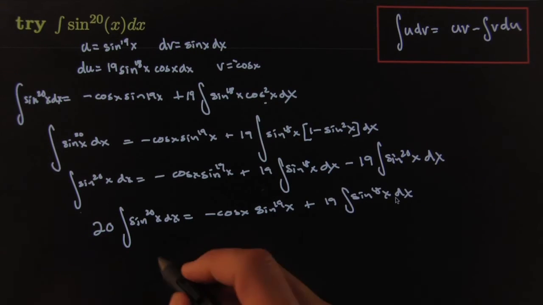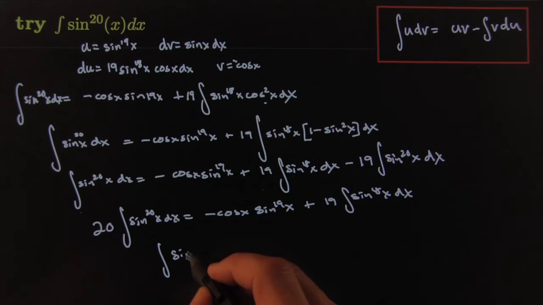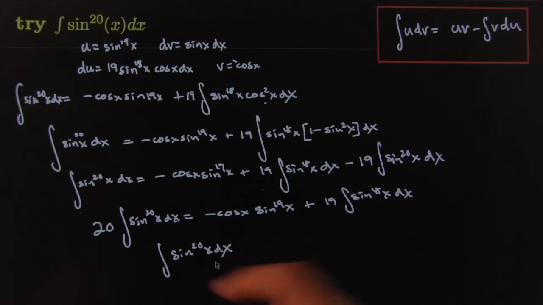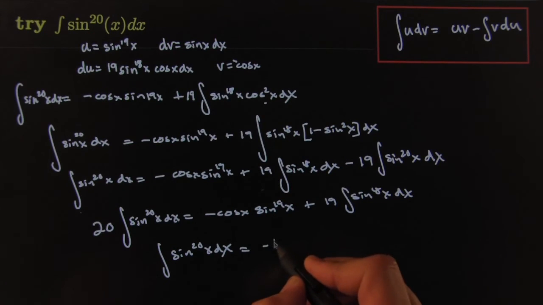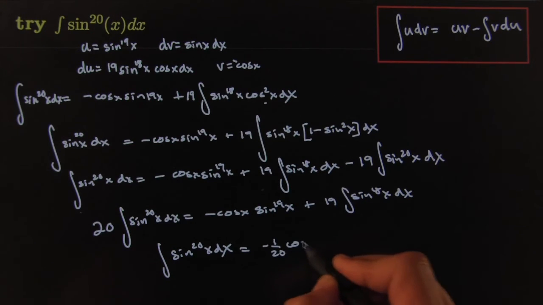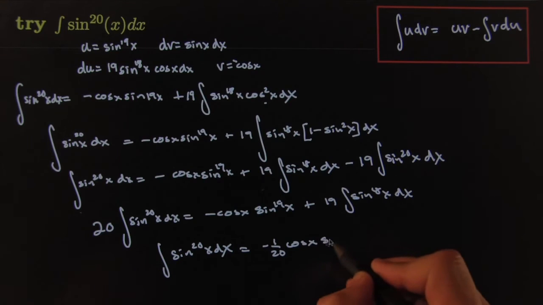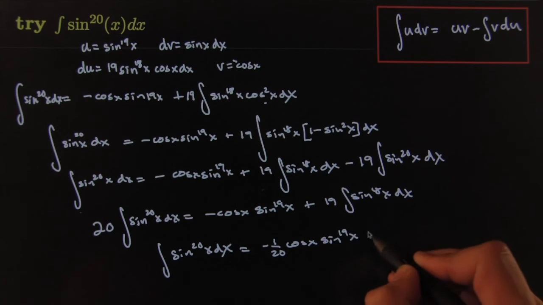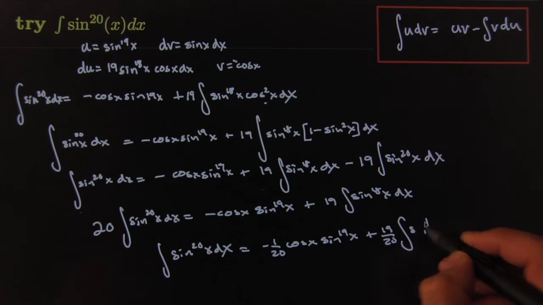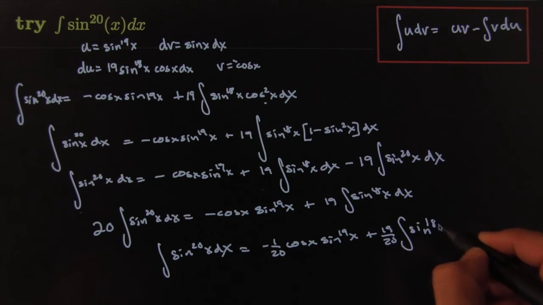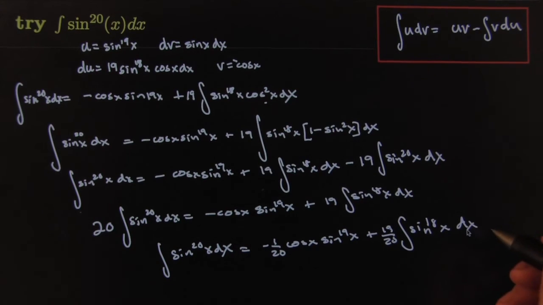Slap a 1 over 20 on both sides, and I get that the integral of sine to the 20th x dx, which is the one I sought from the beginning, is equal to negative 1 over 20 cosine of x sine to the 19th of x plus 19 over 20 integral of sine to the 18th of x dx.